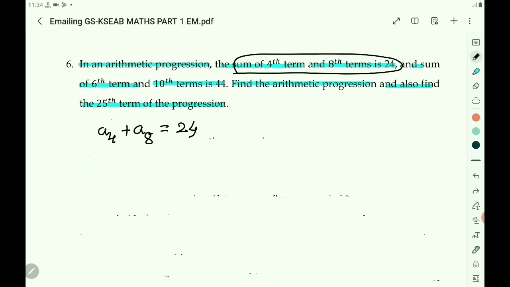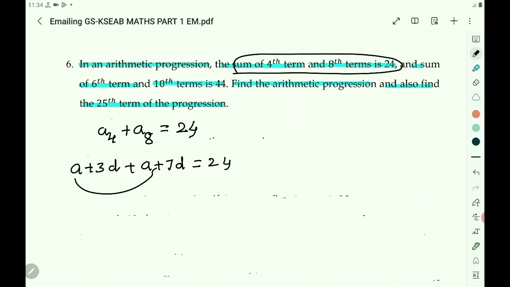A4 is a plus 3d, plus a8 is a plus 7d, equals 24. A plus a is 2a, plus 3d plus 7d is 10d, equals 24.